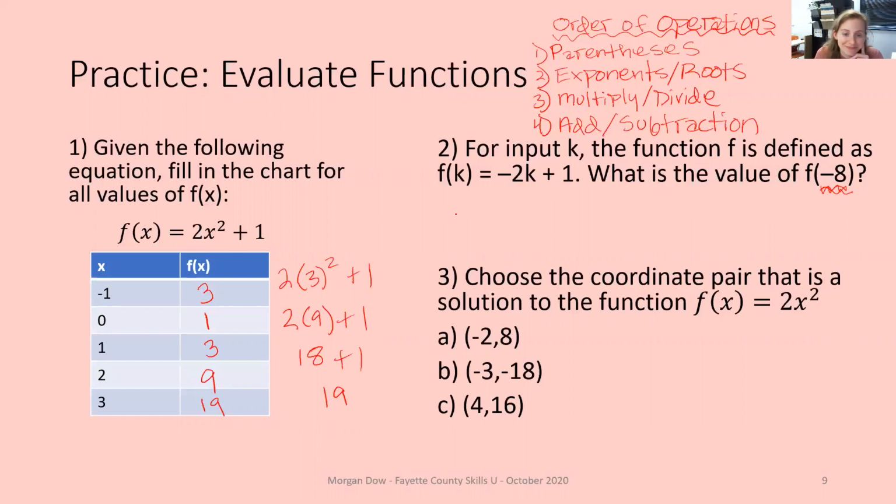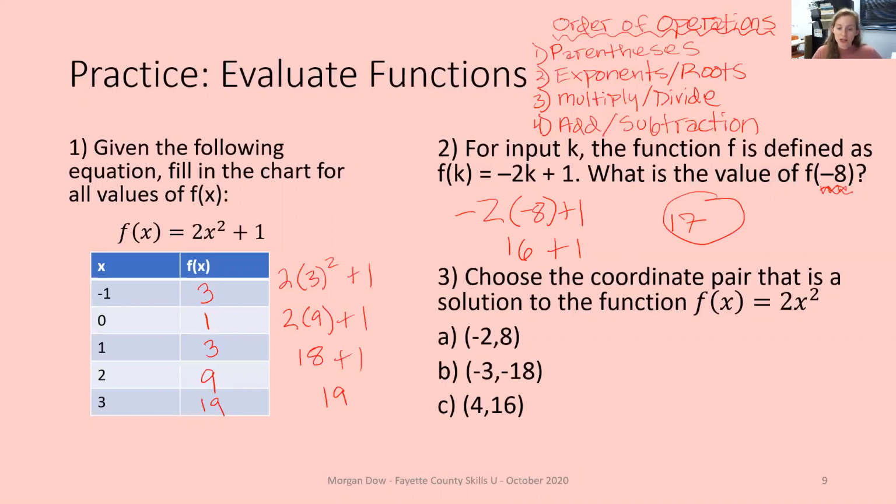So I'm going to do that. -2 times -8 plus 1, following my order of operations. So I'm going to do that multiplication first. -2 times -8 is 16, plus 1 is 17. So 17 is our output when we input -8.